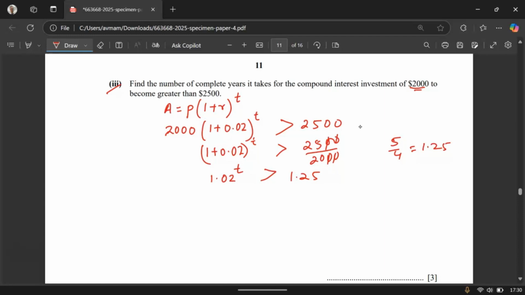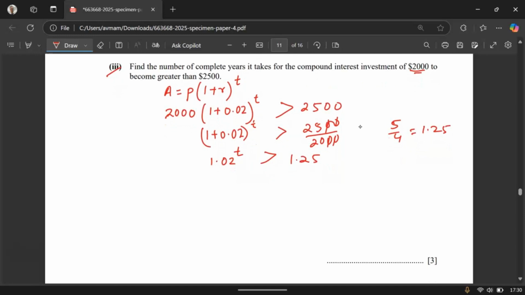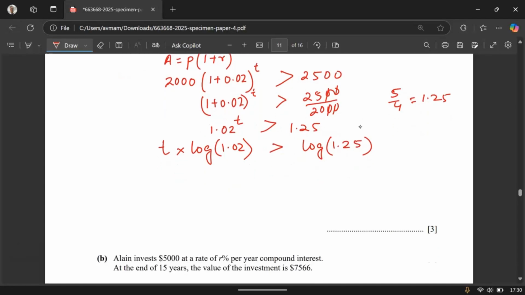Now at this point you need to use the log function on your calculator. So to find t, t times log 1.02 is greater than log 1.25. We can divide both sides by log 1.02.